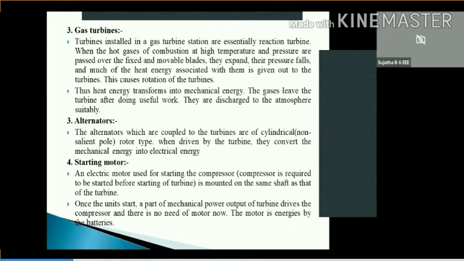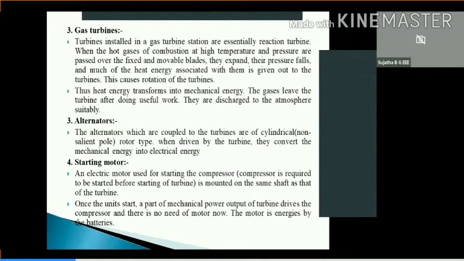Then we have a starting motor, an electric motor used for starting the compressor. The compressor is required to be started before starting the turbine because air has to be compressed, and it is mounted on the same shaft as that of the turbine. You have seen in the block diagram, all are placed on the same shaft. Once the unit starts, a part of the mechanical power output of the turbine drives the compressor.